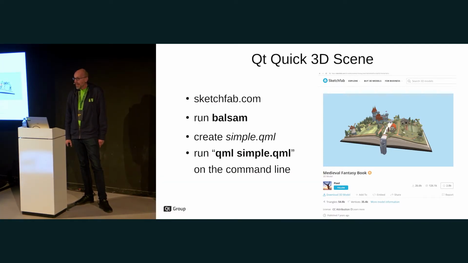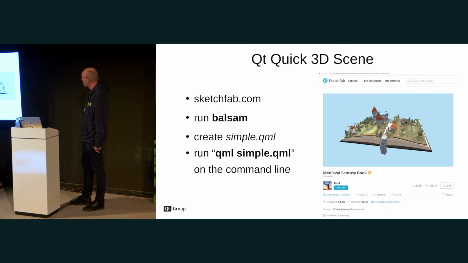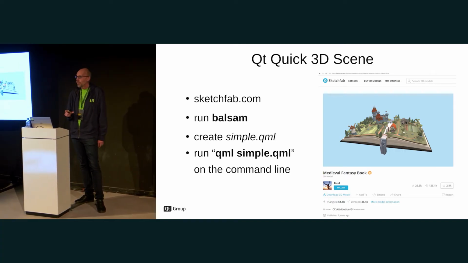So let's go to sketchfab.com and download the 3D model. I found this nice picture of a fantasy scene. Then we're going to run the Balsam tool that ships with Qt, that translates the model we download into QML and the other supporting files that Qt is going to need.